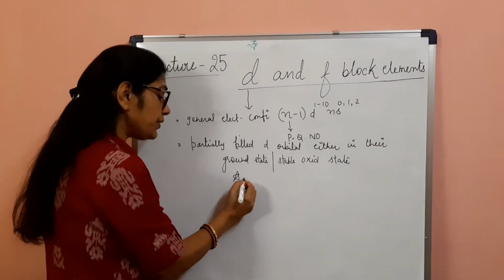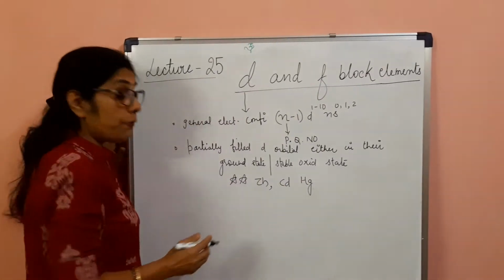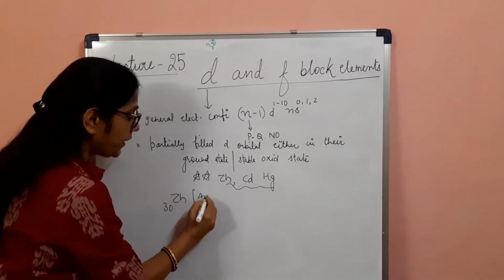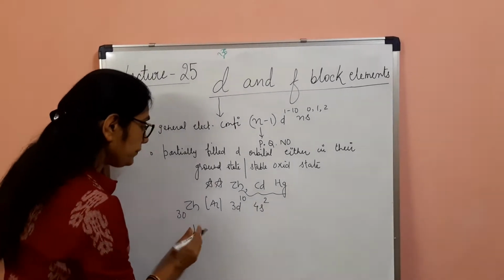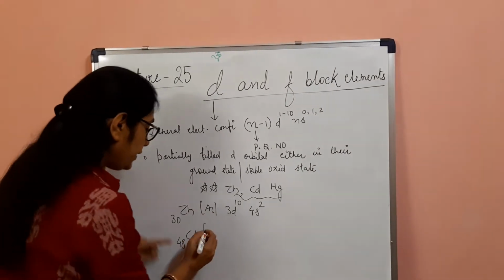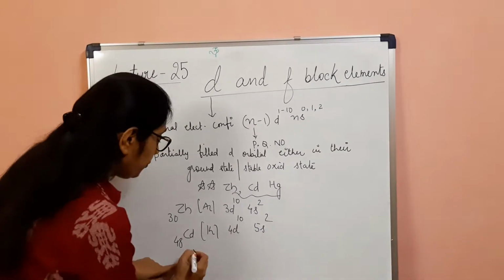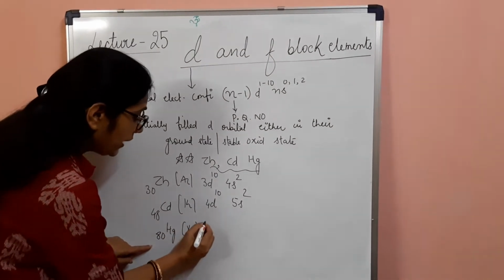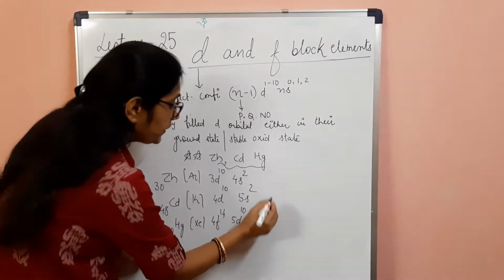And now exception is zinc, cadmium and mercury. Okay, why are they exceptions? Zinc, as you all know, atomic number 30, argon 3d10 4s2, cadmium atomic number 48 and it will be krypton 4d10 5s2, and so far as mercury is concerned, atomic number 80, xenon 4f14 5d10 6s2.